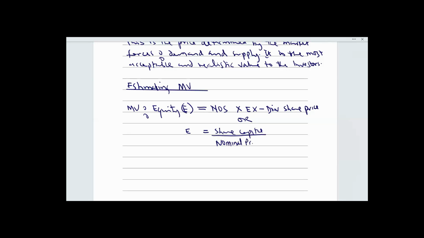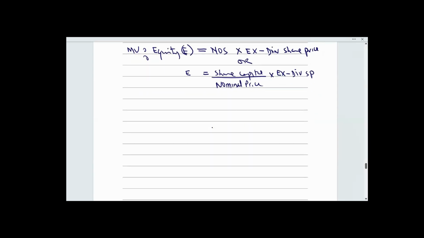The nominal price is the same thing as a par value or face value of the ordinary share, multiplied by XDIV share price. So that's that.